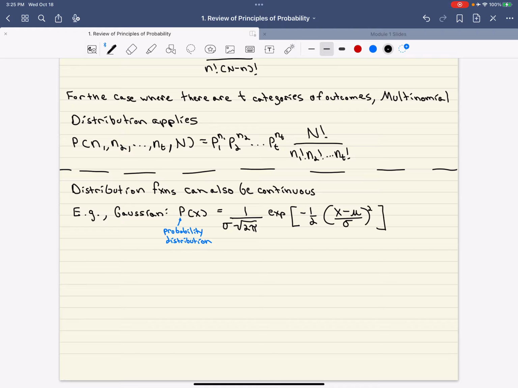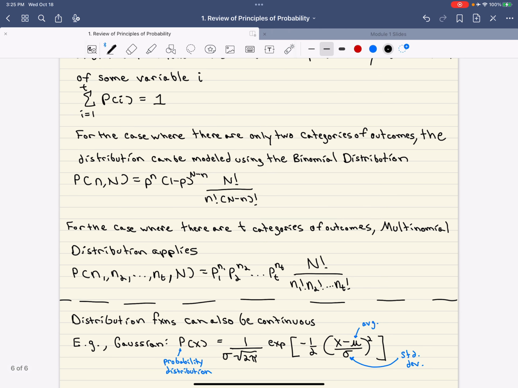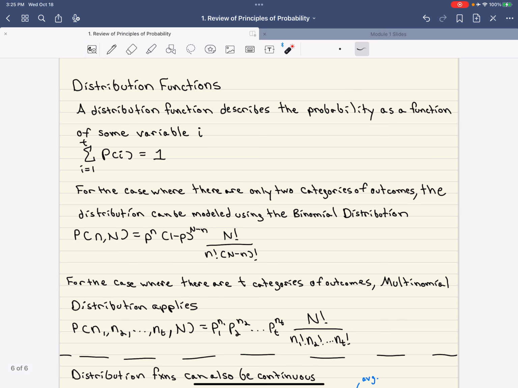Here, mu is your average, and sigma is the standard deviation, and we'll talk more about those later. But when we're dealing with a continuous distribution function, earlier I said for the discrete one, the sum of the probabilities needs to equal 1.